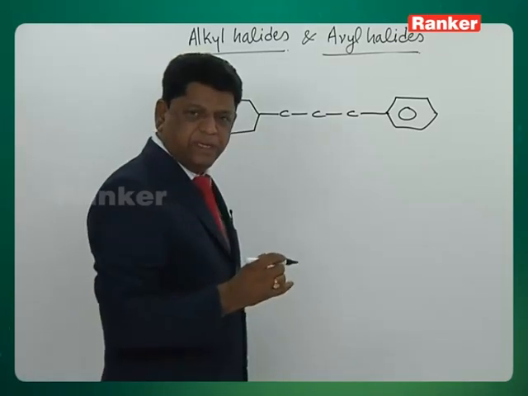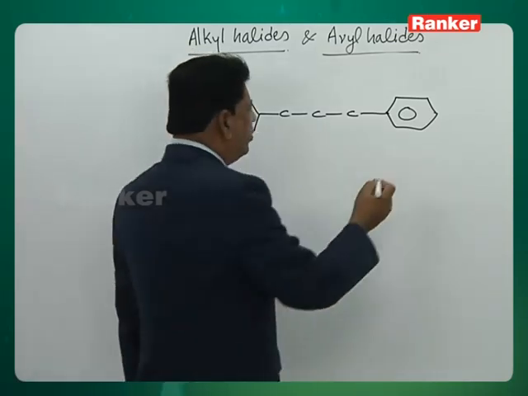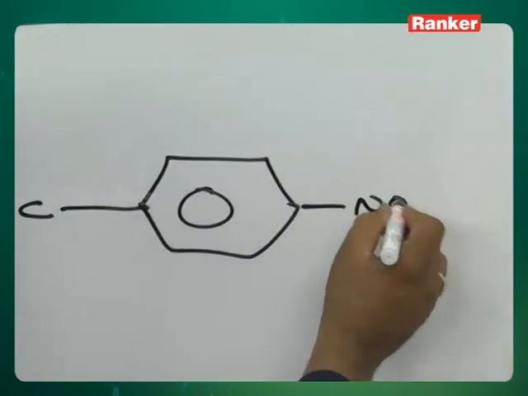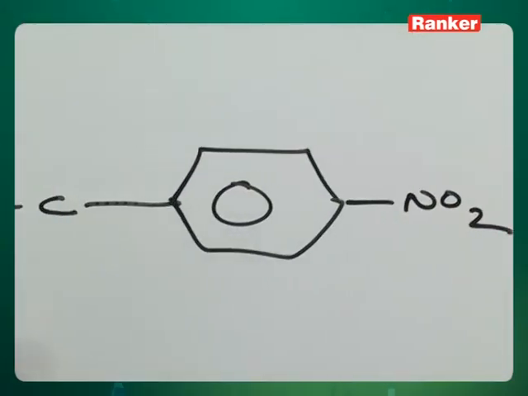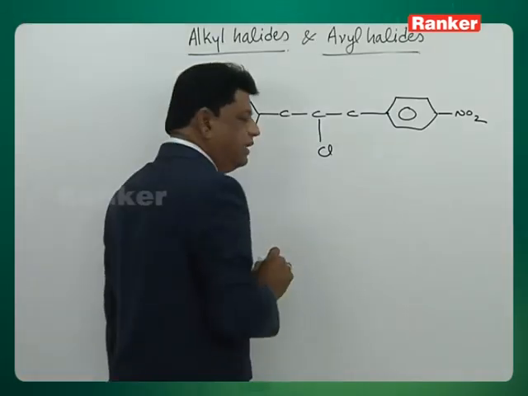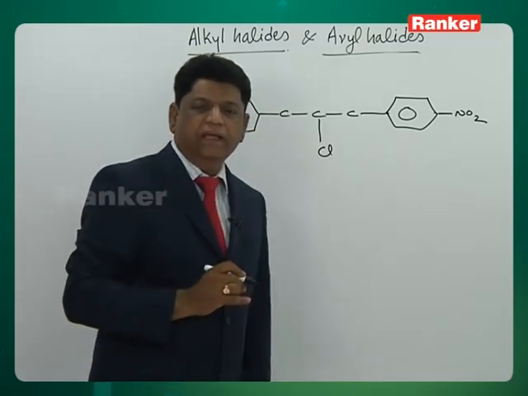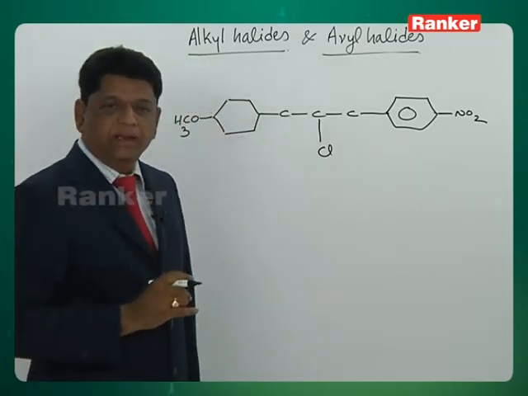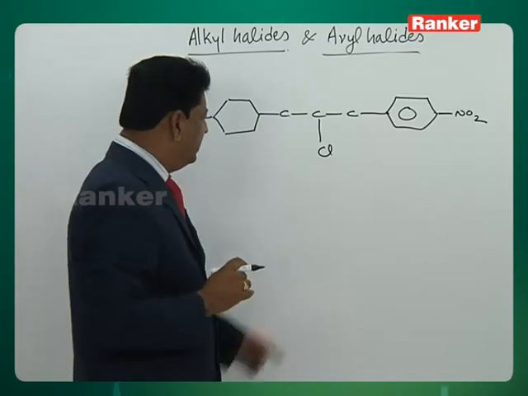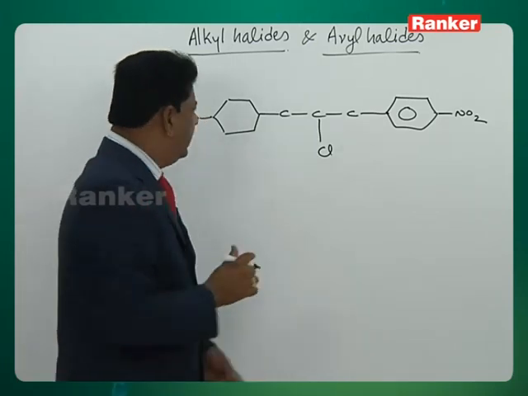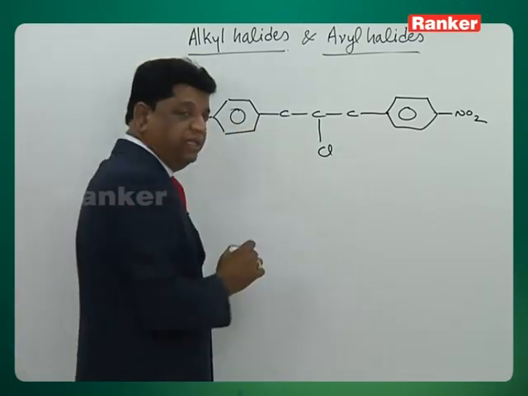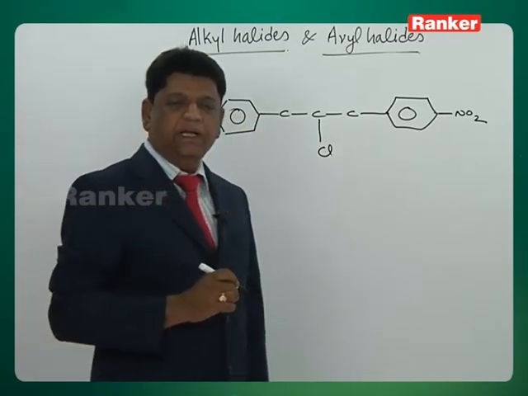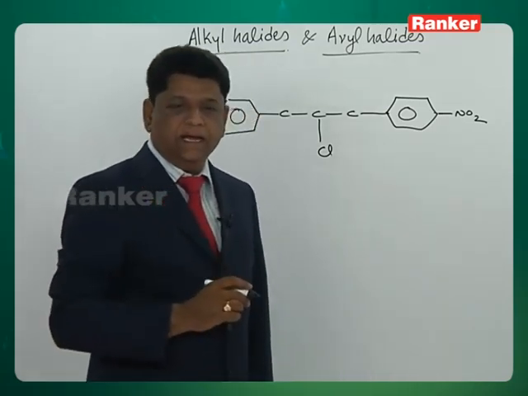The other is attached to a nitro group. In the middle carbon there is one halogen, and this halogen is substituted in the hydrolysis reaction. The Cl will go and OH comes. That is one answer, so answer K is right.